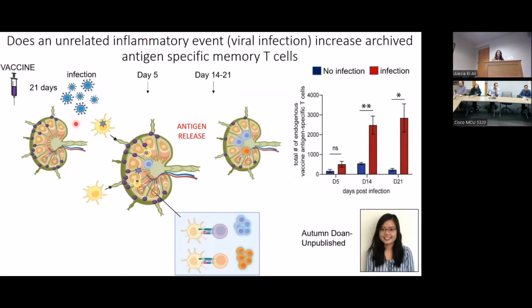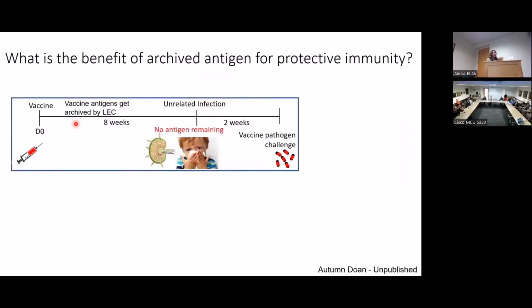At this point we thought, well, this could just be because the virus is causing the cells to proliferate and it's just non-specific activation of these memory T cells. So she did a number of experiments to show that it was actually the antigen being released by the LECs.